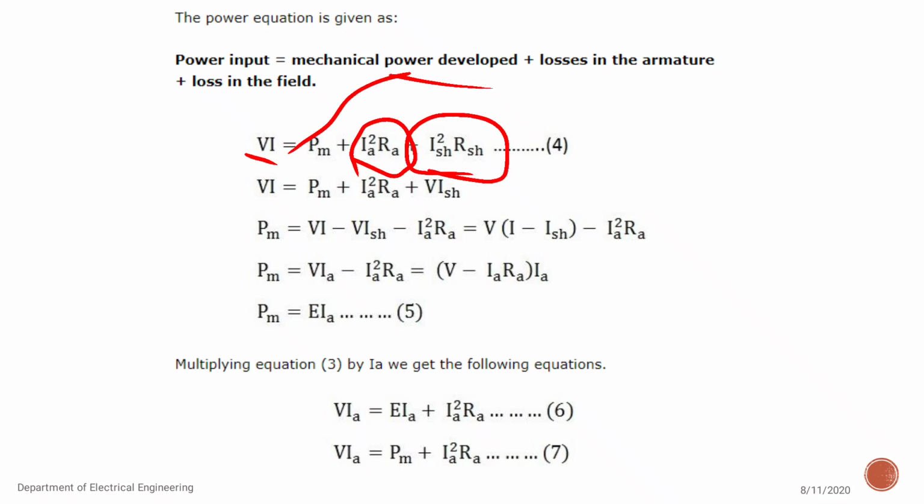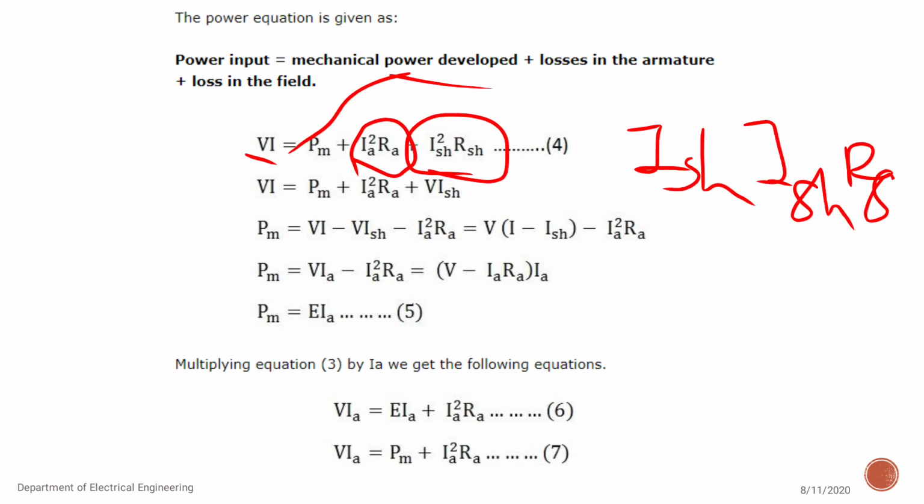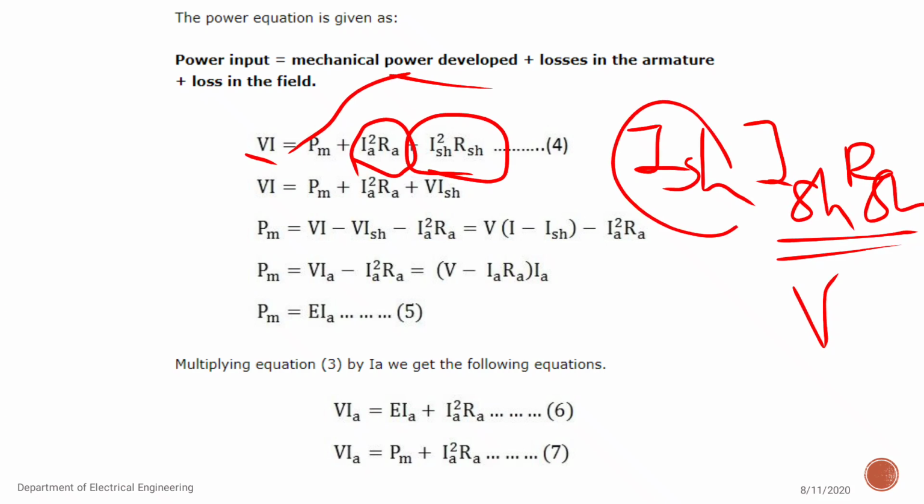Now one thing we know: if we write ISH square RSH this way, ISH into ISH into RSH, then ISH into RSH, we know, is V. So we replace ISH into RSH with V, and one ISH will remain. So V into ISH will be there.